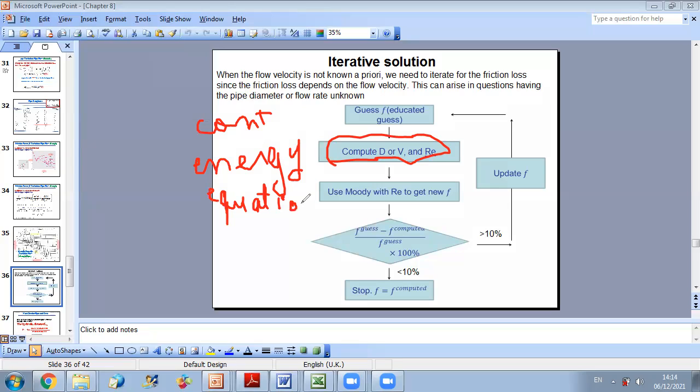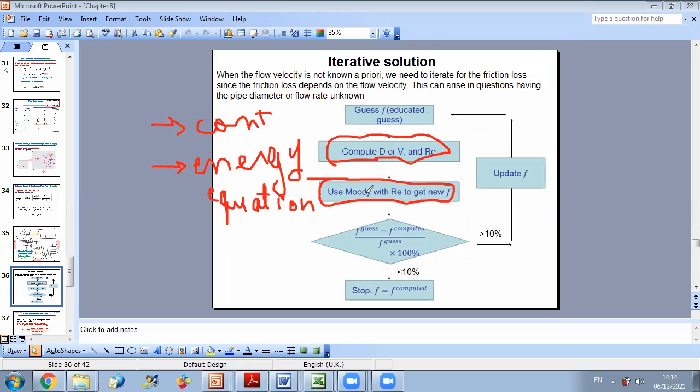So always keep in mind in such problems to write the continuity equation and the energy equation, and then use these relations to do your iterative process. Now, this iterative process requires the Moody diagram because whenever you do a guess and from your equations you compute dV and Reynolds, you can verify if your guess was right or not.